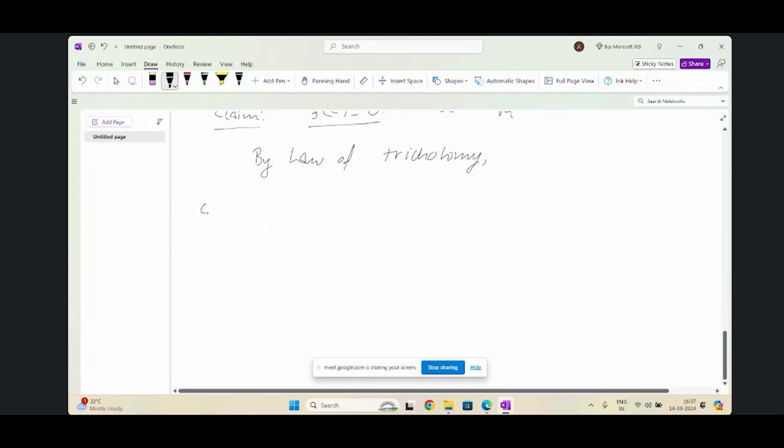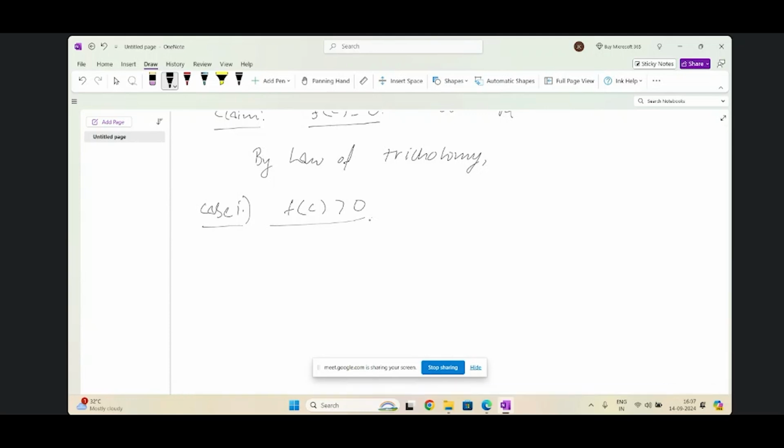So let us go to case number 1, that is f of C is greater than 0. I want to say one thing here. If you have studied continuity from the Kumar sir book, you will find one exercise problem there which is related to this.